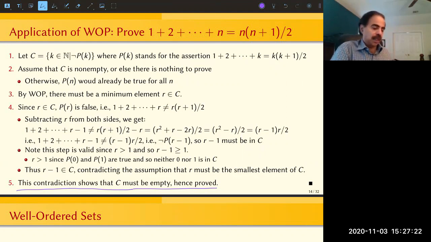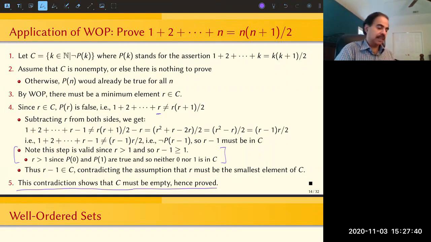Okay, so there is one little point that I didn't explain so far, and that is that we need to be a little bit careful when we take off R from the right end.